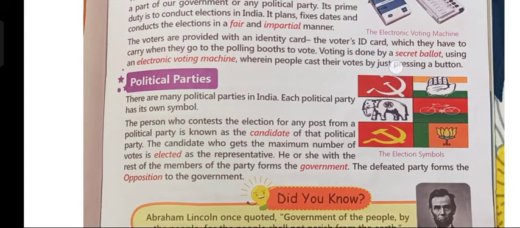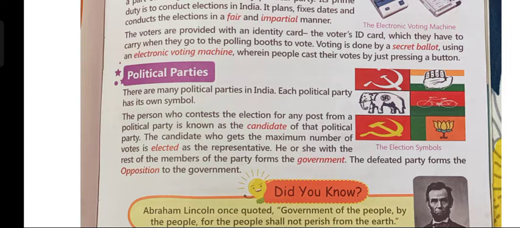Now let us read about the political parties. There are many political parties in India. Each political party has its own symbol. The person who contests the election for any post from a political party is known as the candidate of that political party. The candidate who gets maximum number of votes is elected as representative.